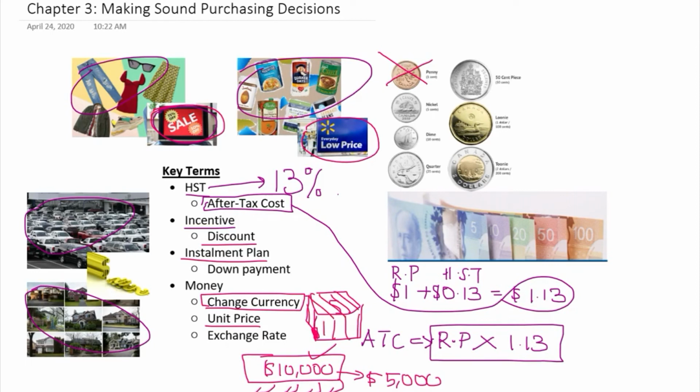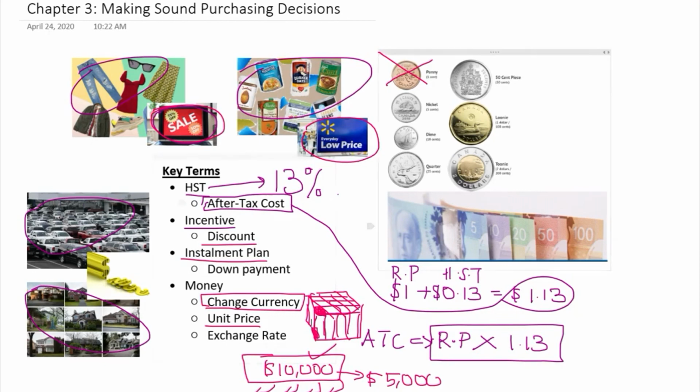If I know how many pieces are in here and how much the whole package costs, then you can determine how much one piece is, which is called the unit price. And then finally we have exchange rate. Mainly we'll be focusing on Canadian dollars going into US dollars and something like that.